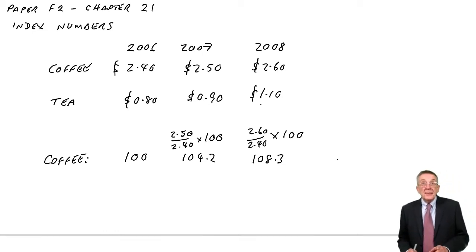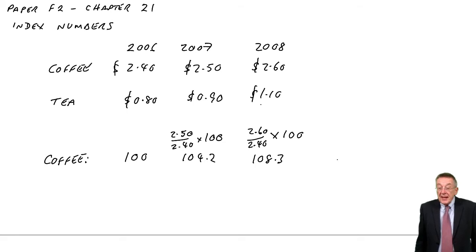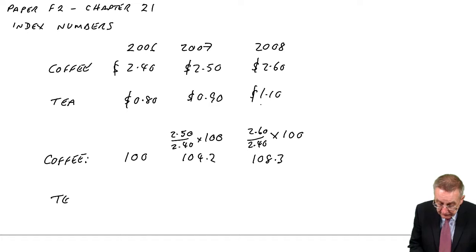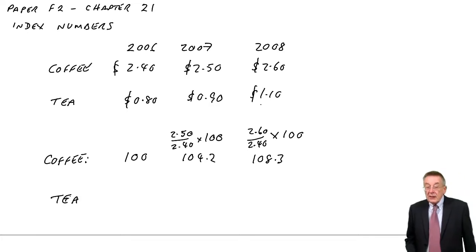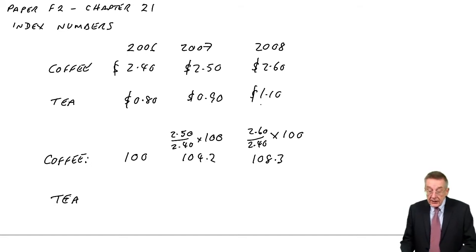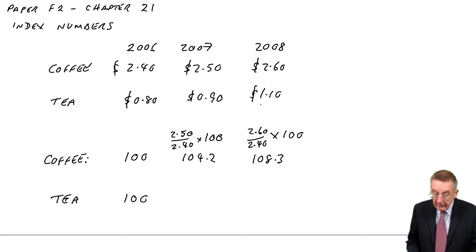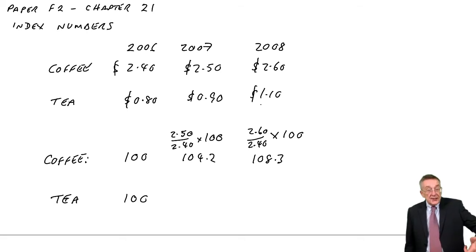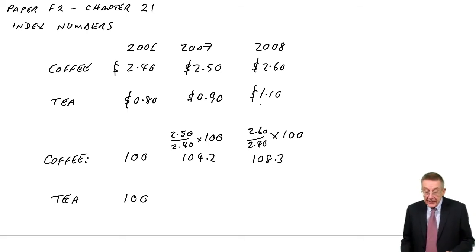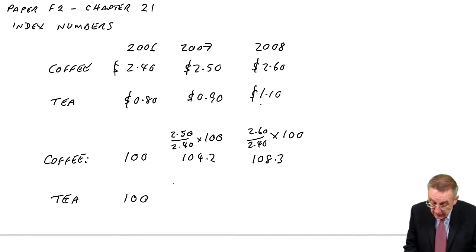But also, this is what I was saying earlier, it makes it much easier to compare increases in different things, so let's look at tea. Let's have the base year, the year when we have 100, as 2006. Well, for every 80 cents in 2006, by 2007 it was 90 cents. So the index number, 0.9 divided by 0.8 times 100.